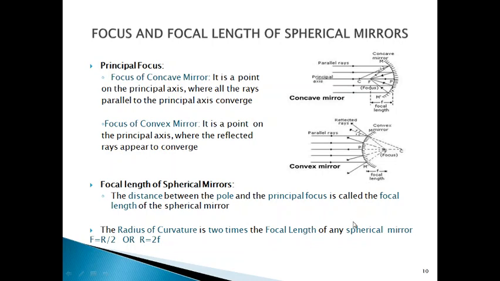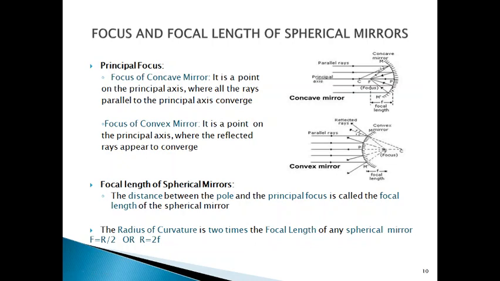So earlier we studied about the radius of curvature, and now we studied about the focal length. Now let us find out the relationship between these two terms. The radius of curvature is 2 times the focal length of any spherical mirror.